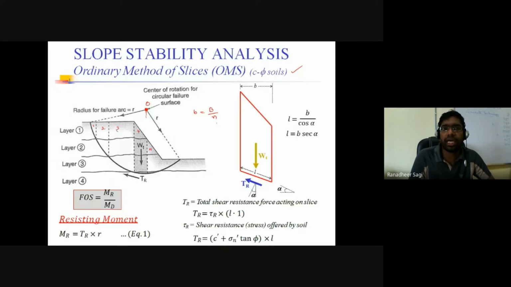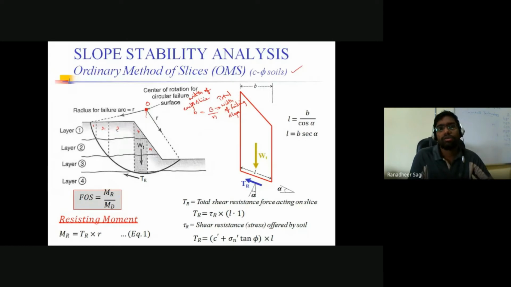Here n indicates the number of slices, capital B indicates the total width of the failing slope, and small b indicates the width of each slice.